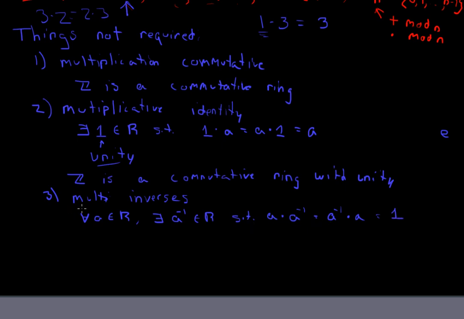So really, you can only have multiplicative inverses in a ring with unity, because there's no other way to define it if we don't have a multiplicative identity or a unity.